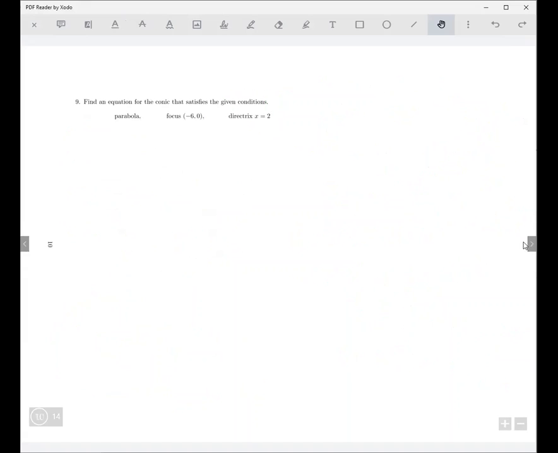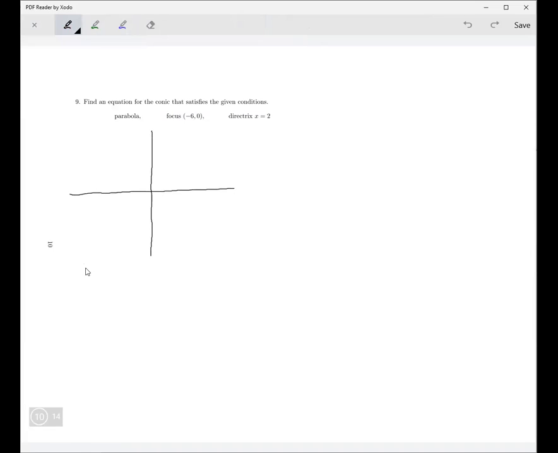Okay, so let's go to number 9. Find the equation for the conic that satisfies the given conditions. Here we're supposed to find the equation, and we want it to be a parabola. We want the focus to be at negative 6, 0, and the directrix to be at x equals 2. It would be a good idea to graph this to see where everything's at and figure out where the vertex would be.